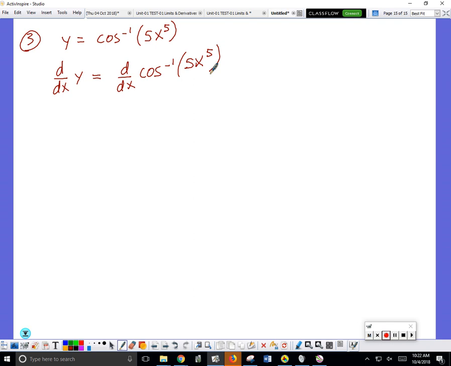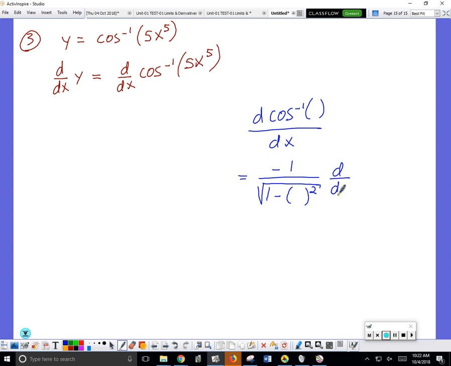So the inverse cosine rule says d of inverse cosine of whatever is equivalent to negative 1 divided by square root of 1 minus whatever squared, multiplied by d/dx of the whatever.